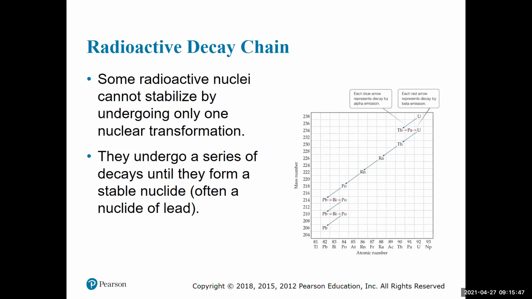That's the other interesting thing: you went from uranium, which has an atomic number of 92, and wound up 10 atomic numbers lower, at lead, at 82.